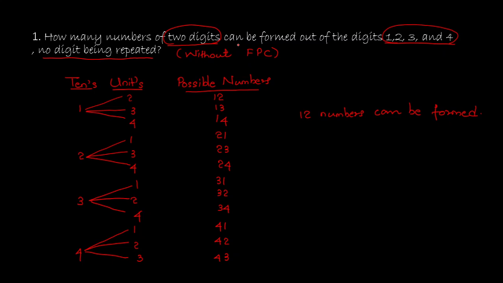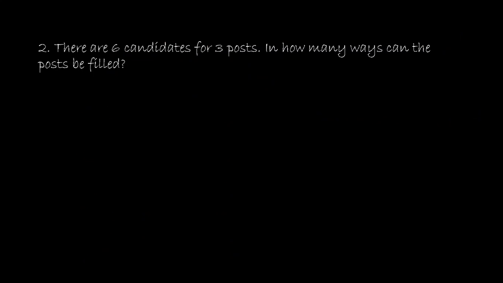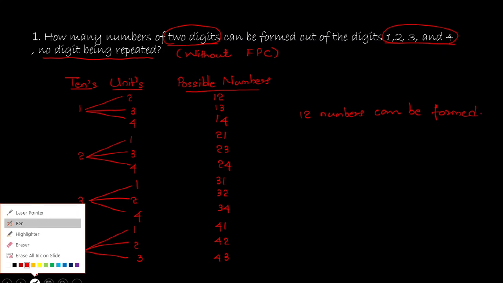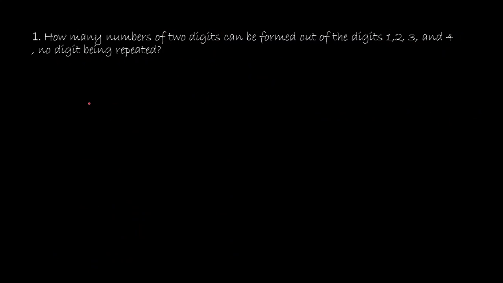Let's try with the fundamental principle of counting. How many numbers of two digits can be found out of the digits 1, 2, 3, and 4?